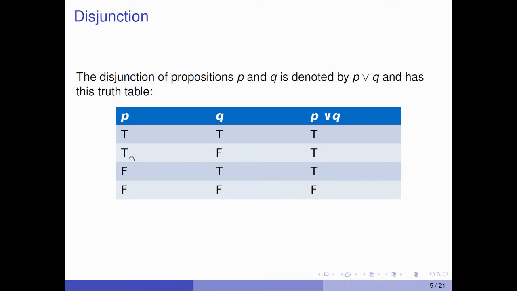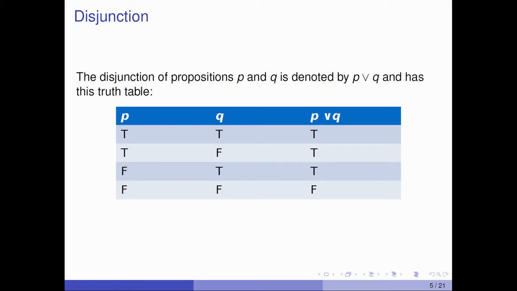If you also have a true P and a false Q, then you have a true disjunction. A false P and a true Q, you also have a true disjunction. And if a false P and a false Q, you have a false disjunction. This is very easy to memorize, how the truth table of the disjunction is constructed.